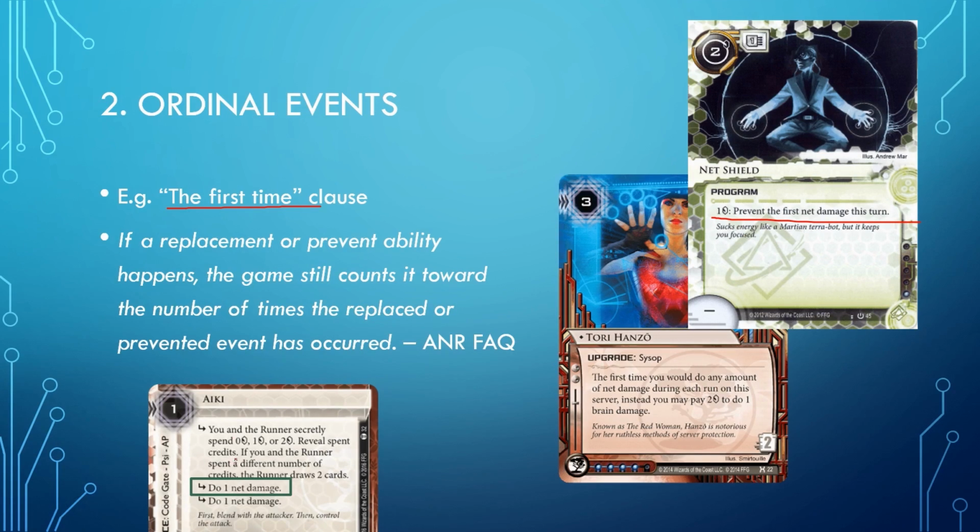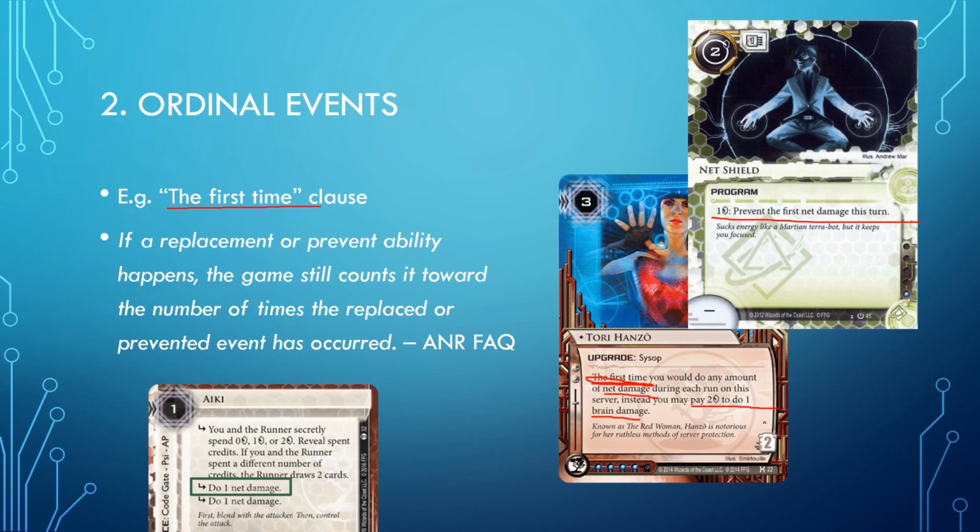Even though the net damage is prevented, and even though the runner technically did not suffer the net damage because it was prevented, it still triggers this, the first time you would do net damage. So Tori Hanzo still triggers here, but because of ability fizzling rules, this doesn't occur because the net damage has been prevented. You cannot trigger it to convert it to brain damage instead.